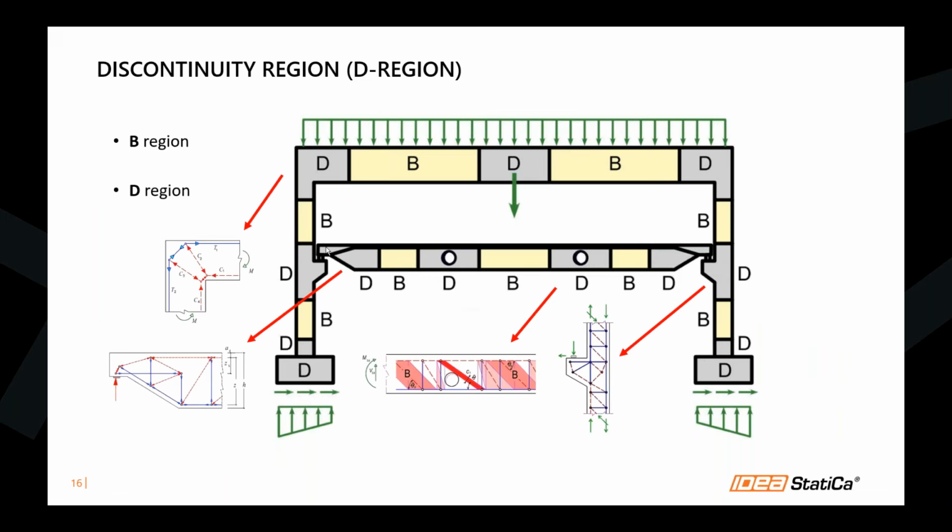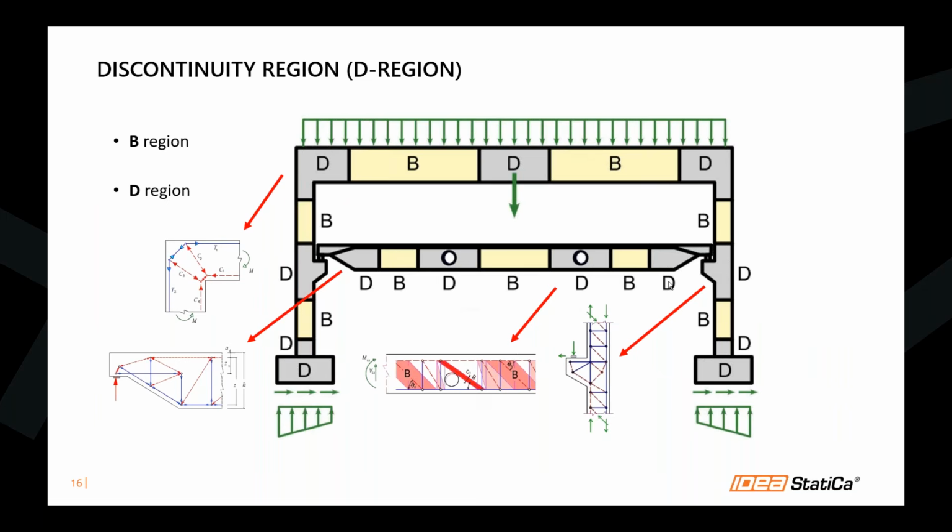Then what is the D region? The D region is those which we see in the gray color here. It's at the point load, near the point load, near openings, and so on. You can't just use a formula to design for this region. Why is that? Because the D region, or discontinuity region, has a non-linear distribution of strain. That's why you cannot just use the formula.